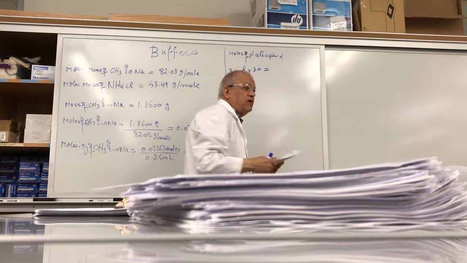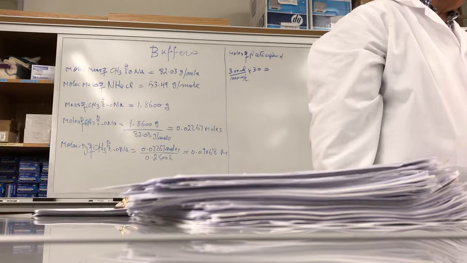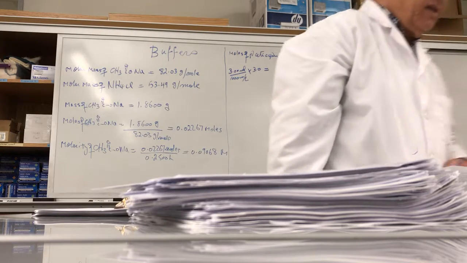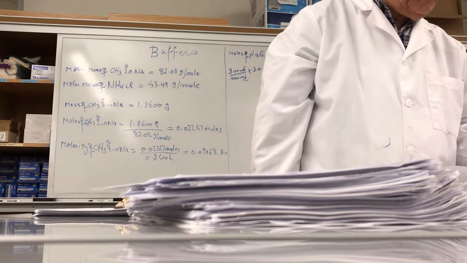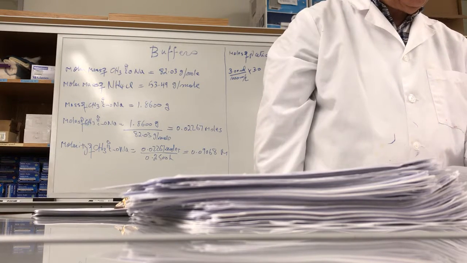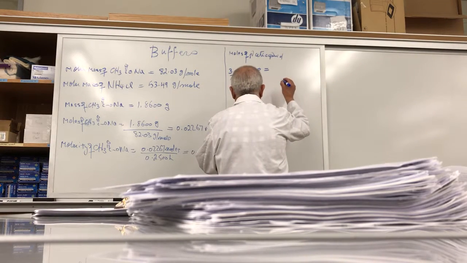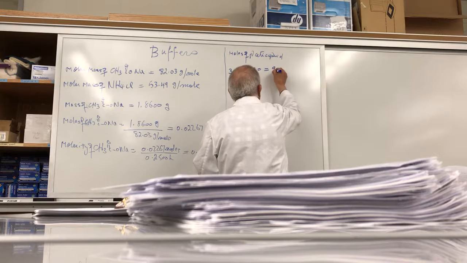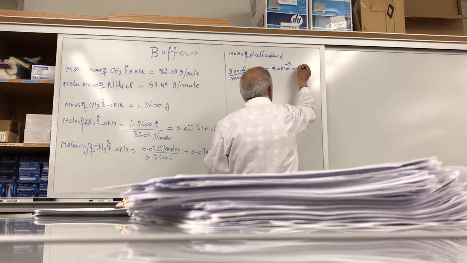That's how it's given to us, with only 2 significant figures for the molarity. For you, multiply 3 times 3.49 divided by 1,000, and that will be 9.0 times 10 to the power minus 3 moles.